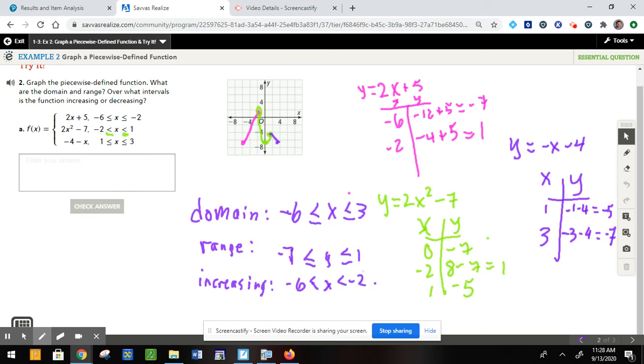Notice how we're not including the or equal to part when we're talking about increasing or decreasing, because at the exact moment you get to the ordered pair at an x value of -2, it stops increasing. It's not decreasing either yet. It's also increasing from 0 to 1.